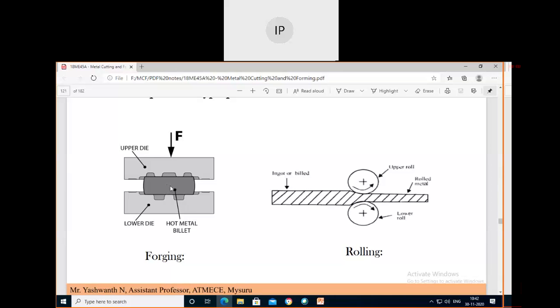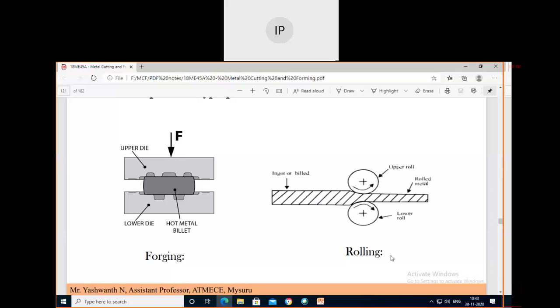The metal flows at right angles to the direction of the applied force. Once you apply the compression force on the hot metal, the metal flows perpendicularly, either to the left side or right side. Understood? The compression force is directly applied on the workpiece.